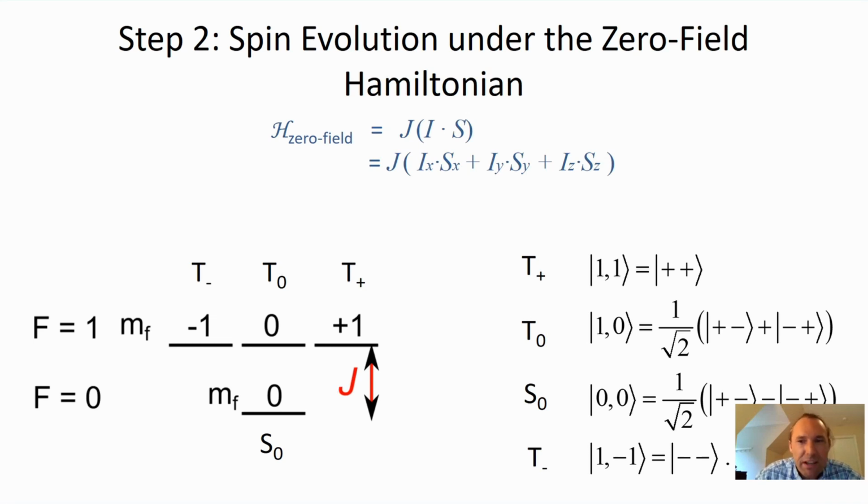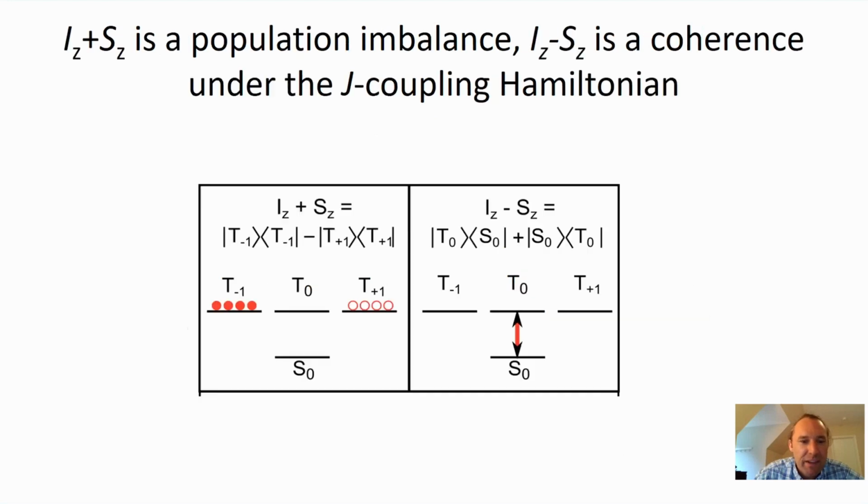And then T minus is just the down-down state, both spins pointing in the same direction, down. So now let's revisit this idea why Iz plus Sz does nothing in a zero field environment and is not really detectable immediately, and Iz minus Sz becomes detectable. Okay, so this is what I'm trying to show here.